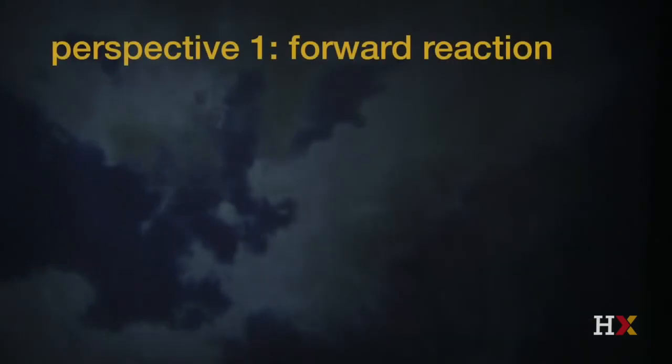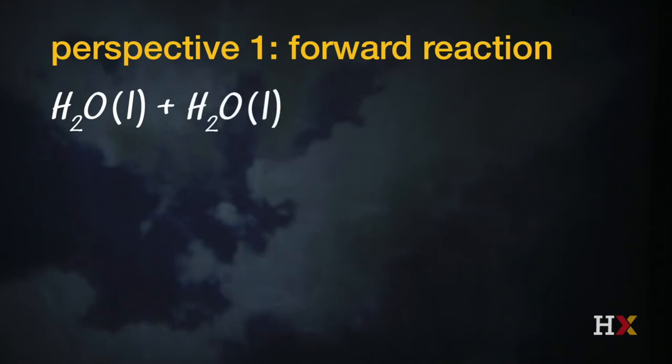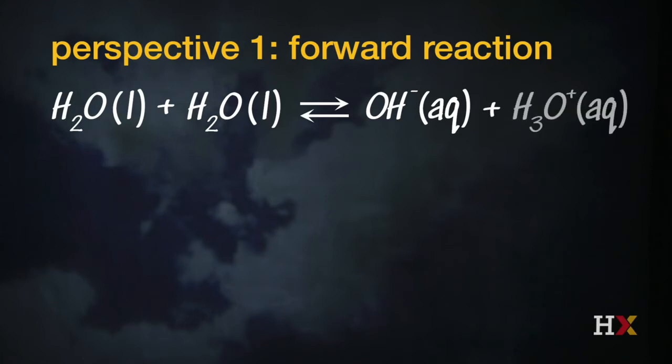Let's take a perspective that assumes that we're looking at the forward reaction. So we have H2O liquid reacting with H2O liquid, forming in an equilibrium reaction our OH- in the aqueous phase, plus our H3O+, also in the aqueous phase.